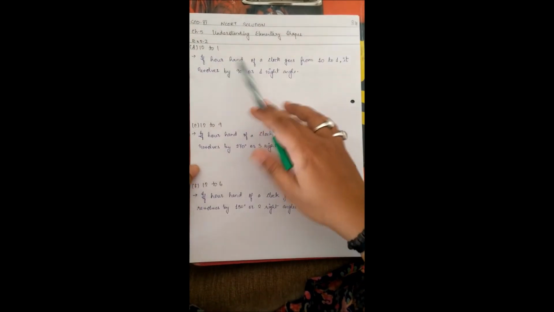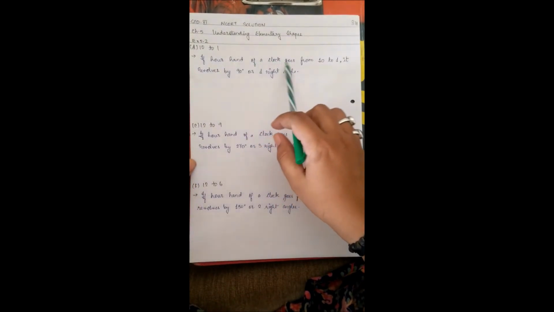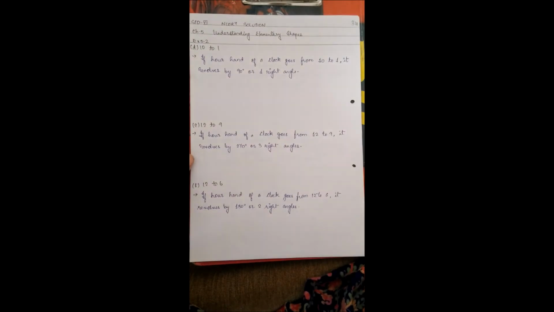Next, 10 to 1. If the hour hand of a clock goes from 10 to 1, it revolves by 90 degrees or one right angle. So from 10 to 1, it will make one right angle. From 12 to 9, if the hour hand goes from 12 to 9, it revolves by 270 degrees or 3 right angles: from 12 to 3, 3 to 6 and 6 to 9.